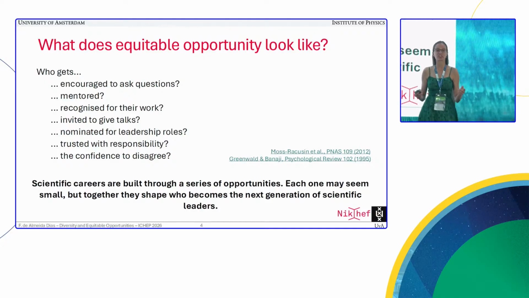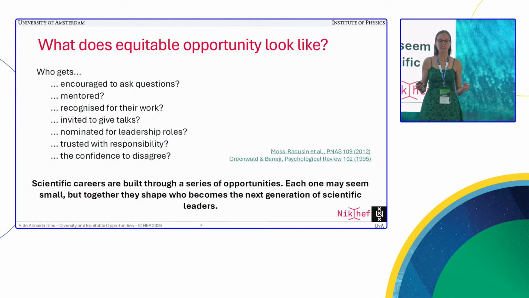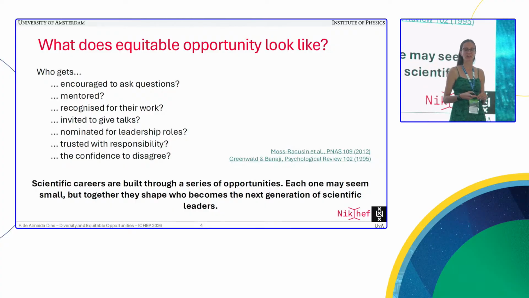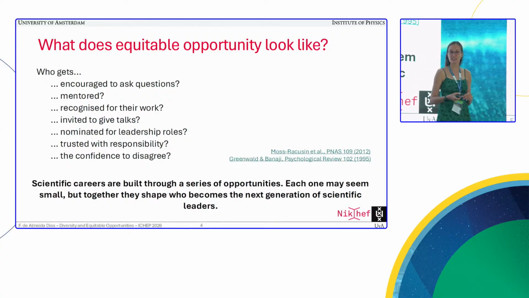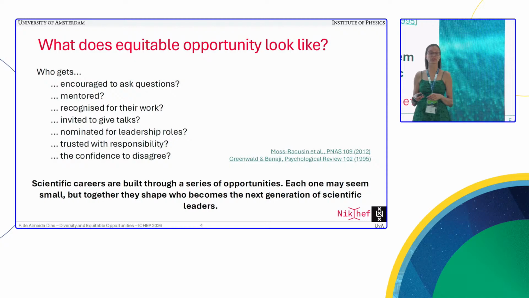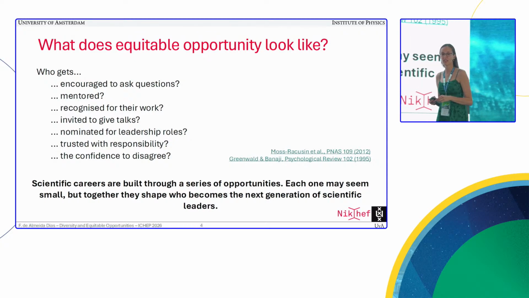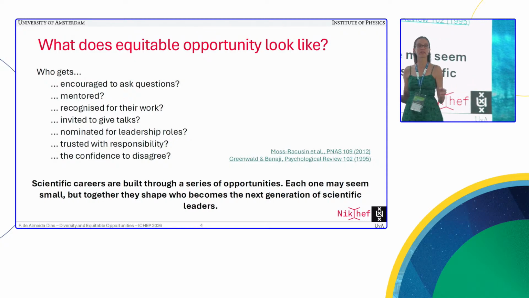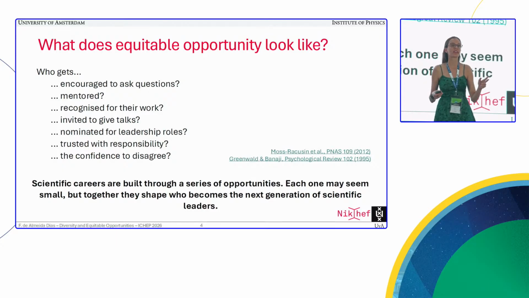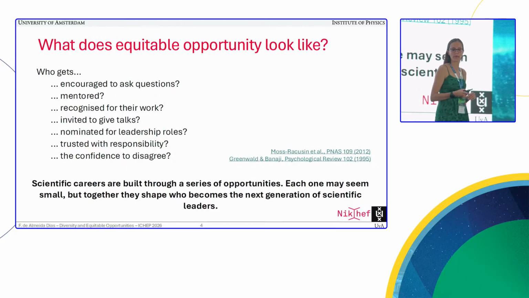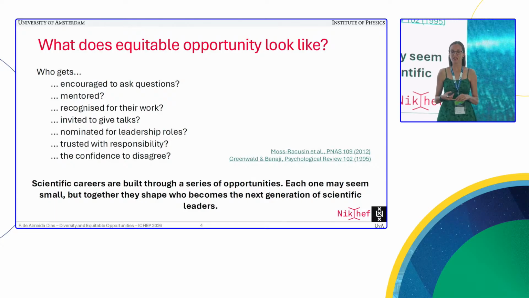So who is encouraged to ask questions? Who is well mentored? Who is recognized for their work? Who is here giving talks? Who is nominated for leadership roles, trusted responsibility? And who has the confidence to disagree, in particular to disagree with a colleague who is more senior than they are? So this is something that we have to examine.